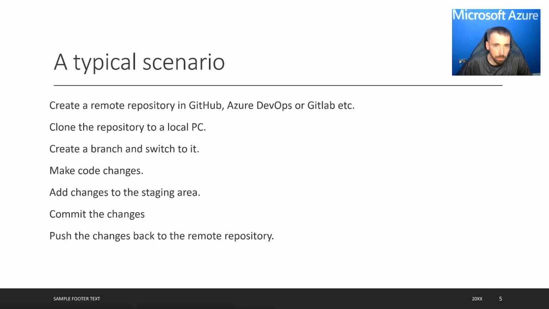So to give an example of a typical scenario, these steps run in chronological order, and this is what we might do with Git. So first we would create a remote repository in GitHub, Azure DevOps, GitLab, etc. There's many other tools out there that hold Git repositories and are compatible with Git repositories.